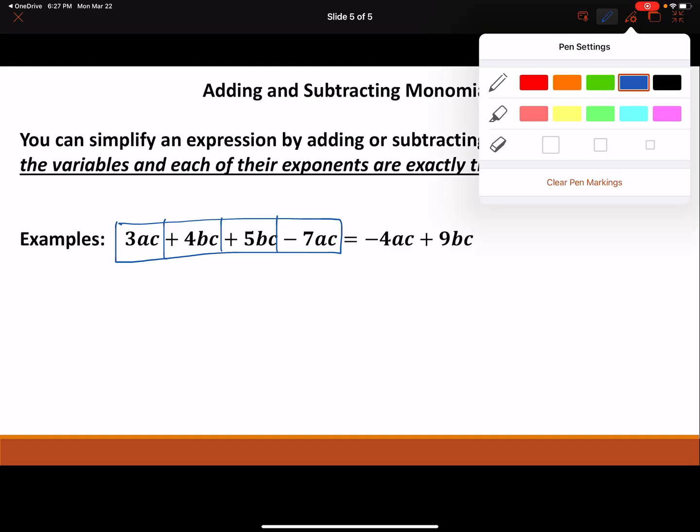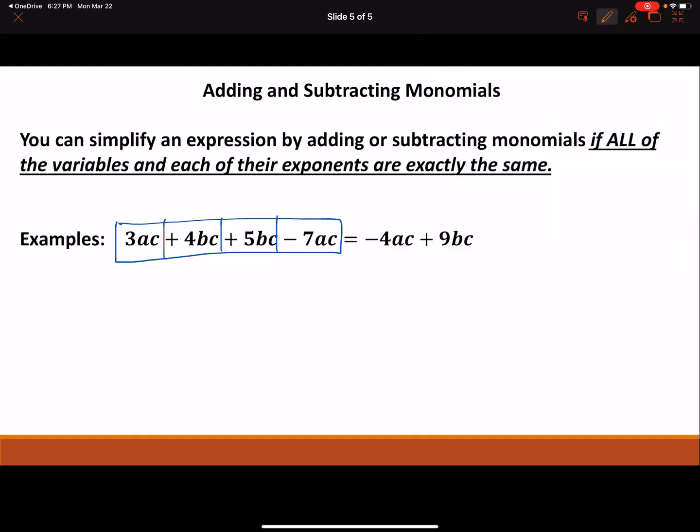So if I want to pair up like terms, they have to have all of the variables and each of their exponents exactly the same. Now there's no exponents in this first example, but there are variables. So this first term has a 3AC. This last term has also the AC, but it's a negative 7.